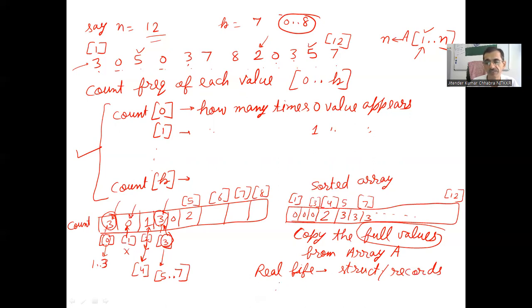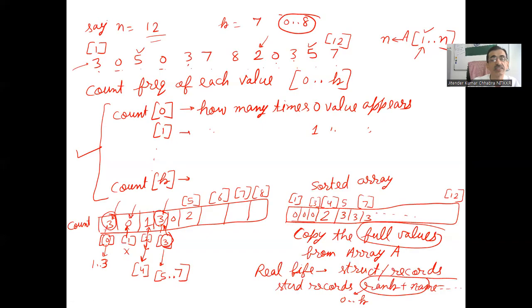For example, a student record. So a student record has, say, rank plus many more fields. And let's say rank is in the range of 0 to K, plus their name is also there, roll number is also there.